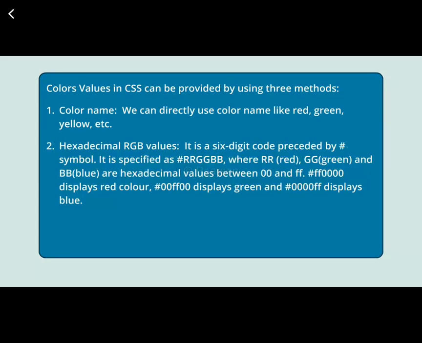2. Hexadecimal RGB values. It is a 6-digit code preceded by hash symbol. It is specified as hash RRGGBB, where RR red, GG green, and BB blue are hexadecimal values between 00 and FF.